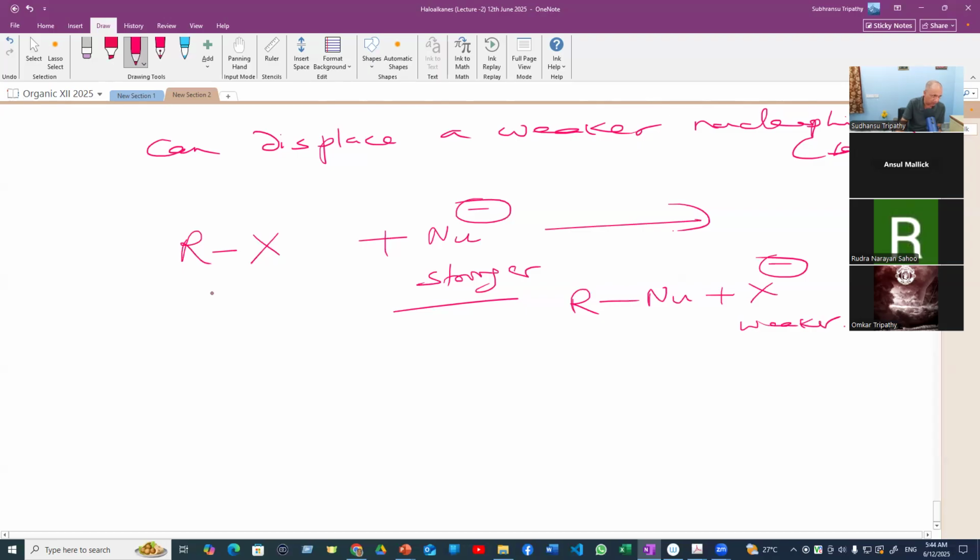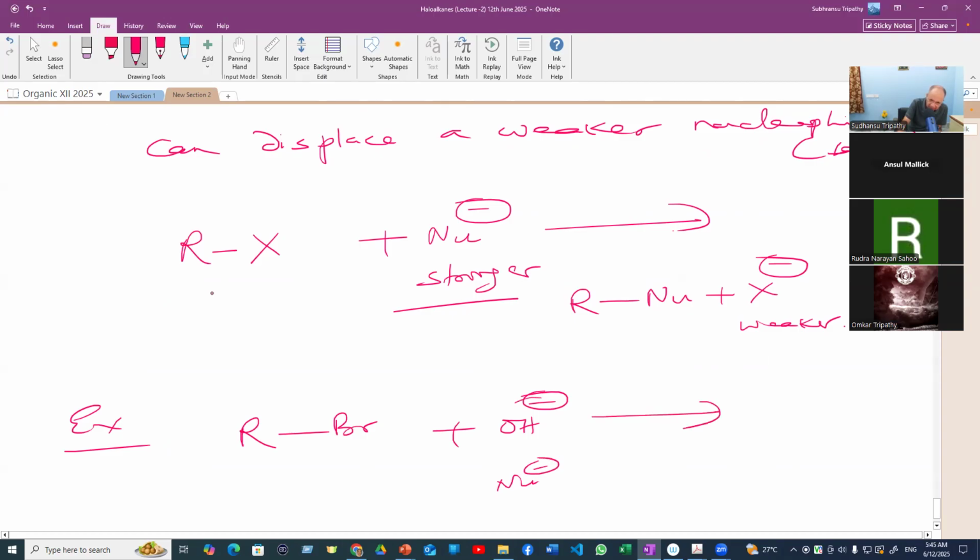Otherwise, it's not possible. Example, if you take RBr with OH minus, which is a strong base, being the conjugate of a weak acid, water, as nucleophile, then this reaction is feasible.